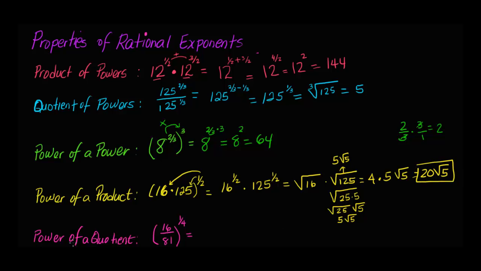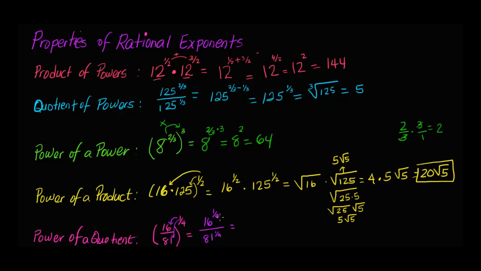And the power of a quotient is just like the power of a product. If you have a quotient or a fraction inside the parentheses and it's raised to a power, you can simply distribute this exponent to each one of the numbers. So this becomes 16 to the 1/4 power divided by 81 to the 1/4 power.